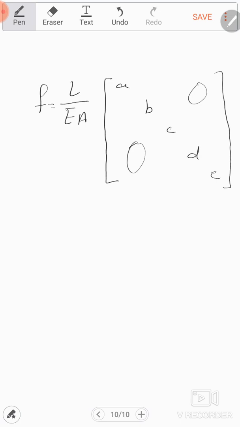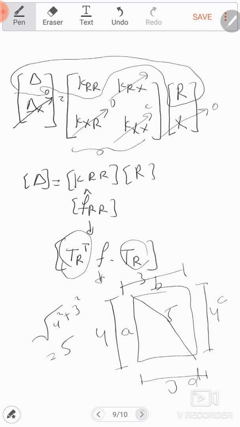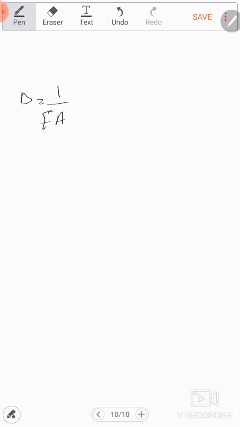Then find the displacement now, because you have everything. So delta equals 1 over EA. Oops, sorry, there is a mistake.